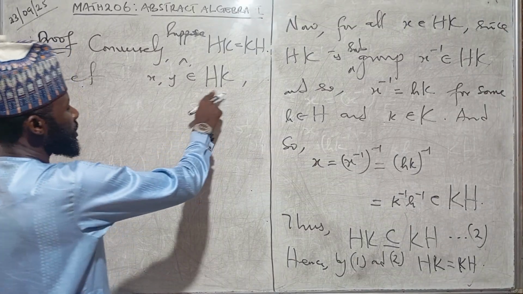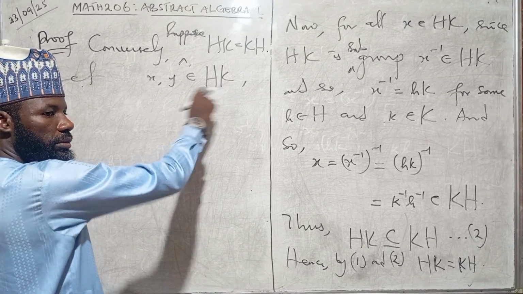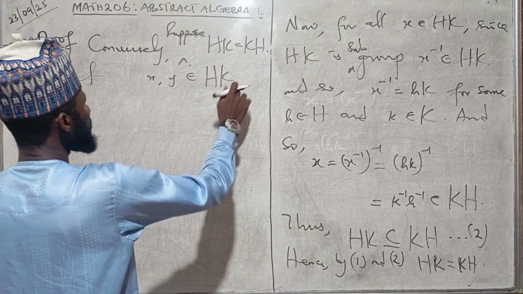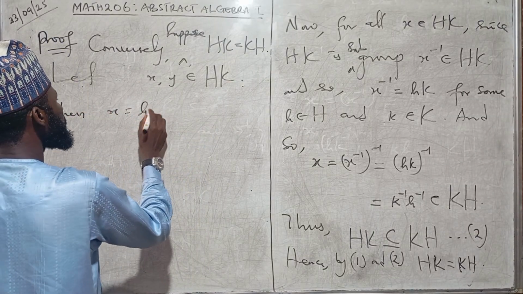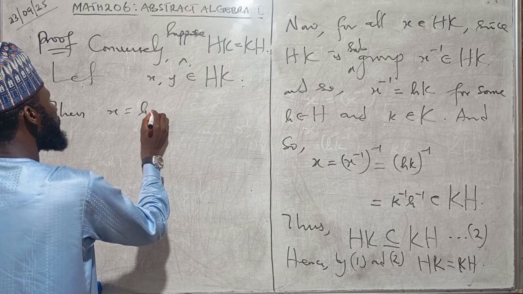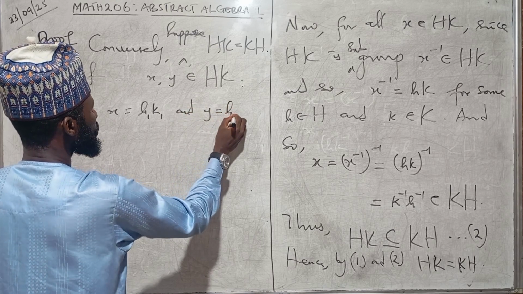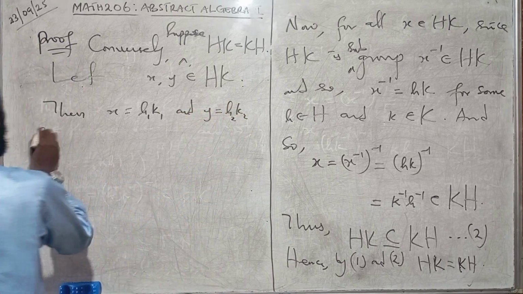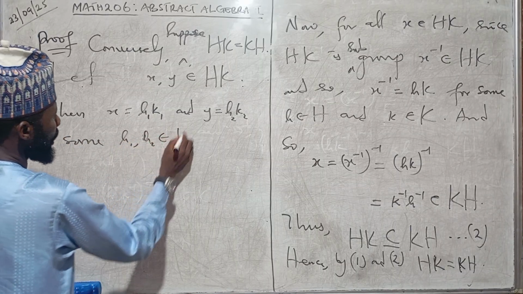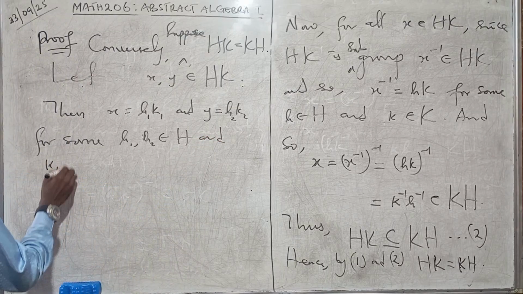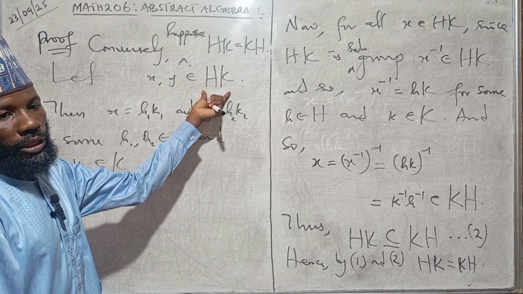Clearly, it's justified that HK is not empty because these are subgroups; at least the identity is there. Okay? So if you take this, then X is equal to H1 K1, and Y would be equal to H2 K2 for some H1, H2 in H and K1, K2 in K. Yeah, because this is the nature of elements coming from here.